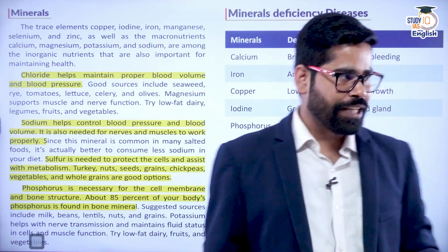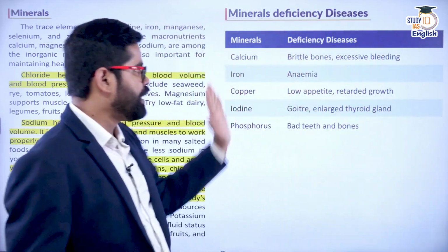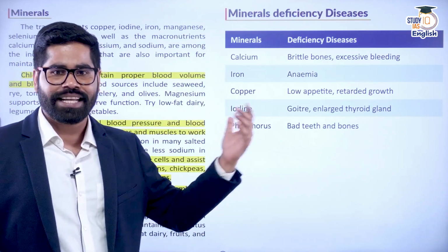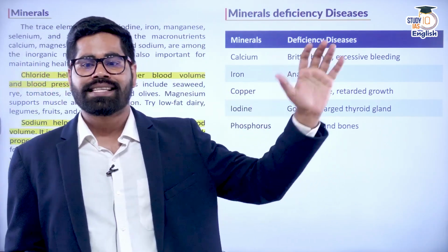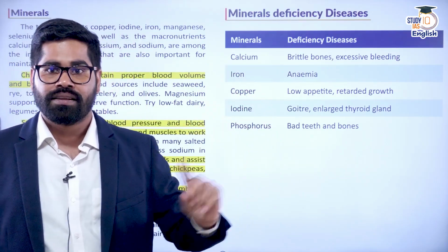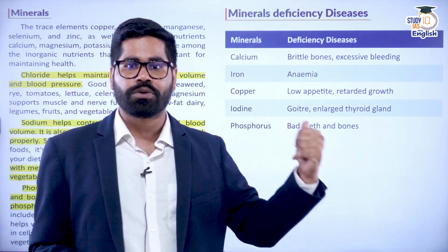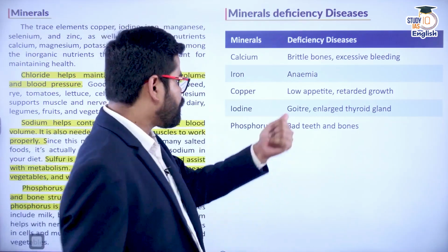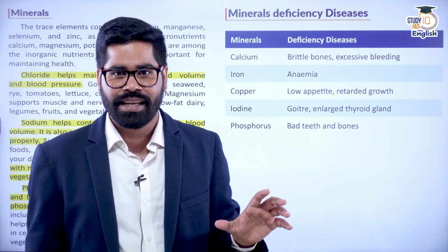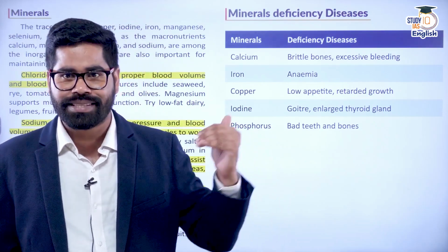If there is deficiency of these minerals, like suppose if there is deficiency of calcium, then there is going to be brittle bones or excessive bleeding. Iron is one such mineral which, if it is deficient, is going to cause anemia. If there is a copper deficiency, then lower appetite can be seen in people.